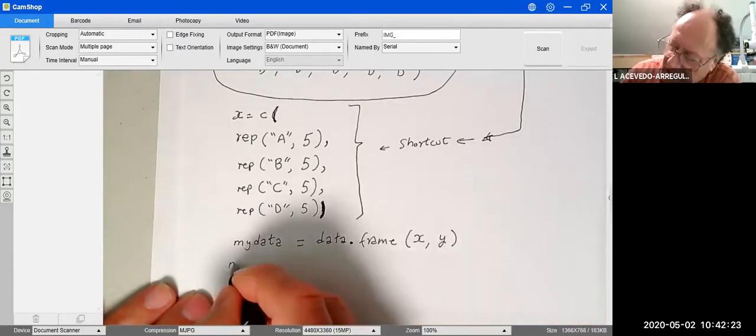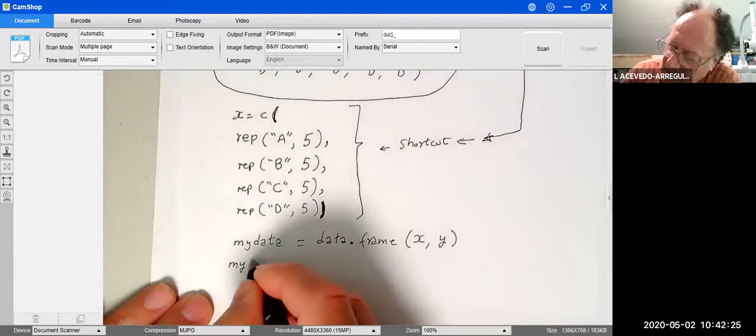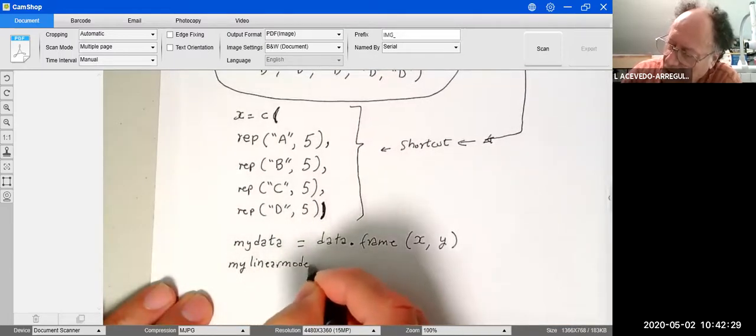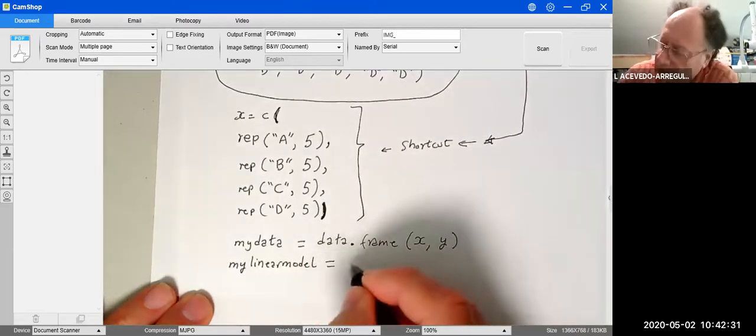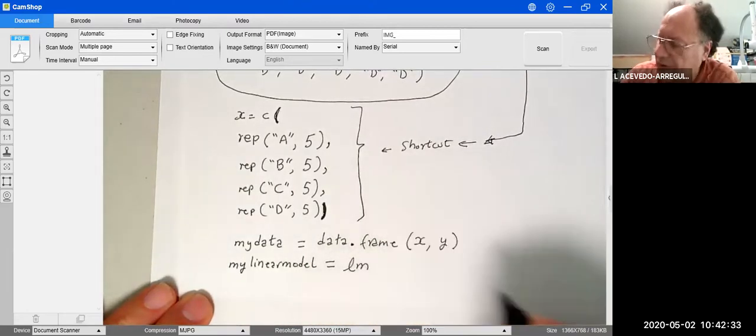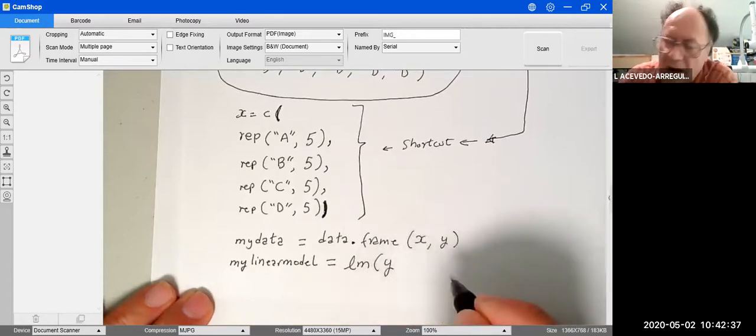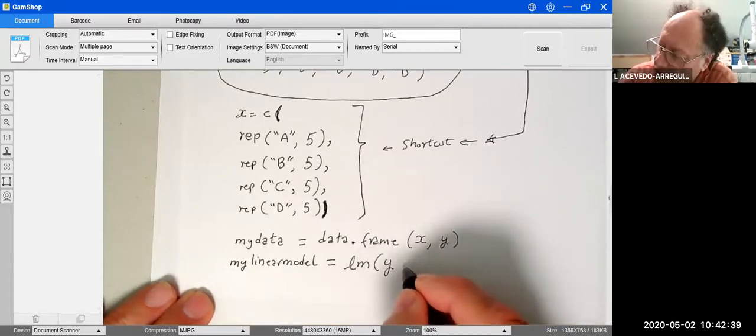Then I'm going to create a linear model. So I'm going to give the name my linear model, and it's going to be by using LM, lowercase, remember, LM, parentheses. I'm going to say that Y is going to be a function of X. I'm going to use tilde.